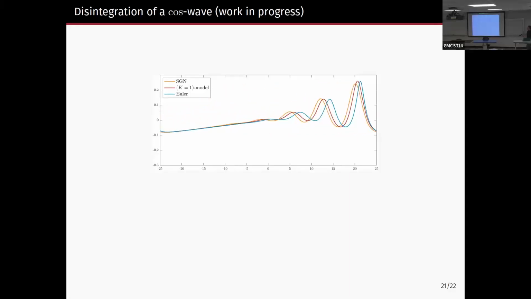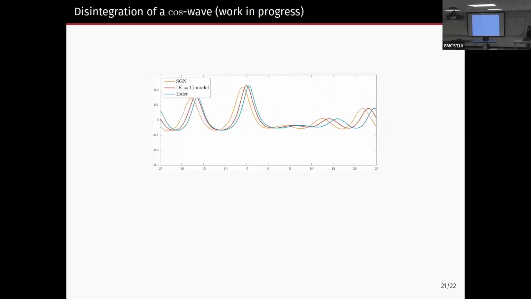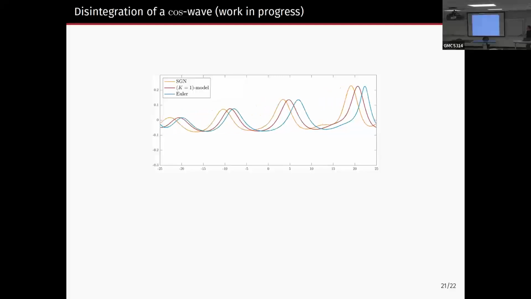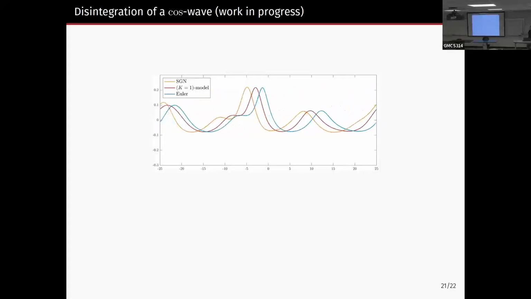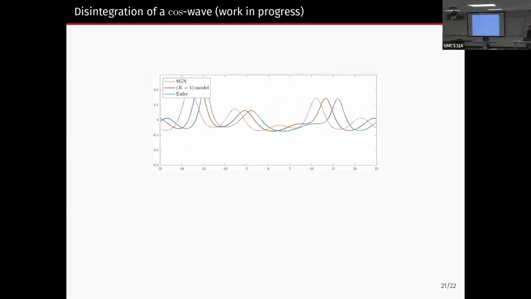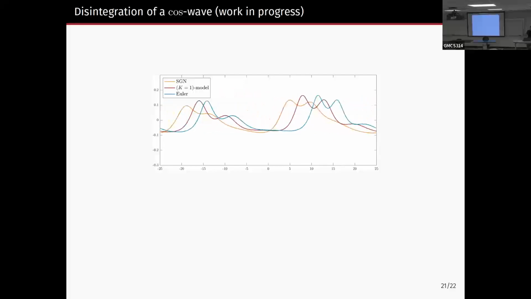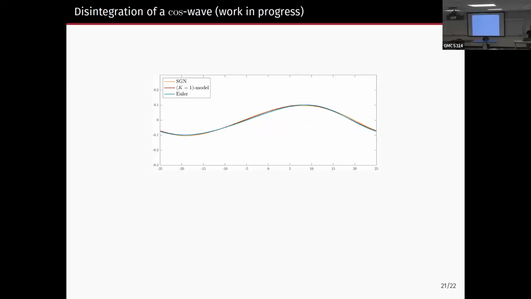And here you see that at least the solution is a little bit better than the SGN. Better here means that it lags less with respect to the blue curve, which is very important when you want to calculate, for example, the height in a very complicated sea condition, and things that are very important for applications.